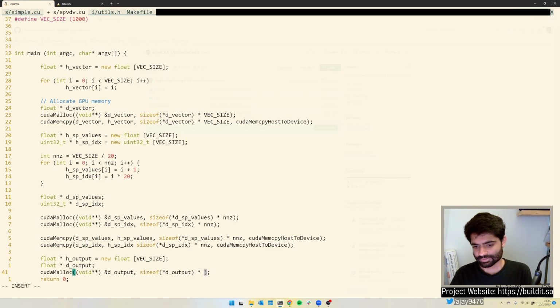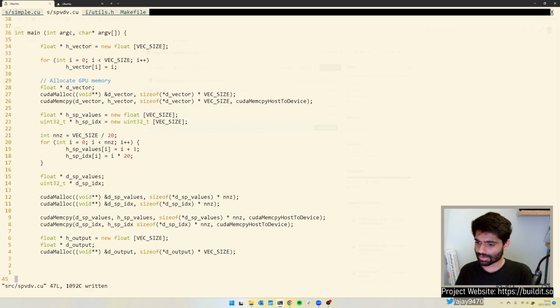And this should be vec size because we are using a dense representation. Okay, so we have the input and output arrays allocated.